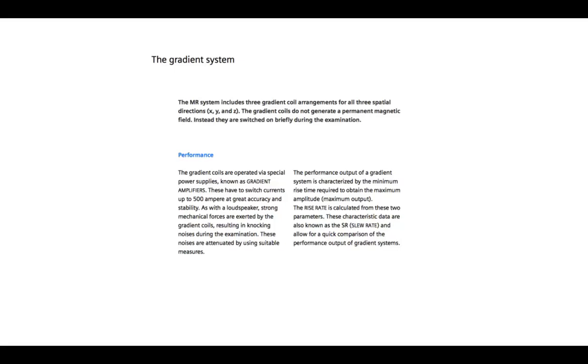It includes gradient coils for all three spatial directions, x, y, and z. It's a temporary field. They're switched on briefly, and the hydrogen atoms respond to that gradient field. How they respond and how long it takes them to recover after the field is switched off are part of what gives you the MRI image, because different types of tissue will have different time constants associated with them and different strengths of their response.